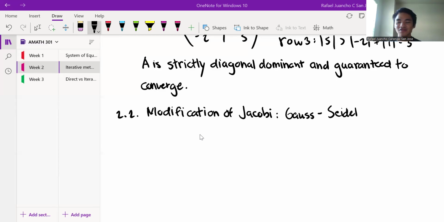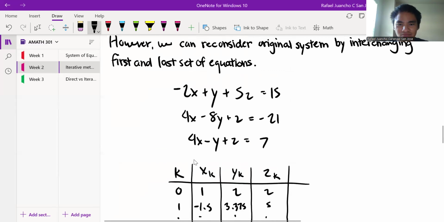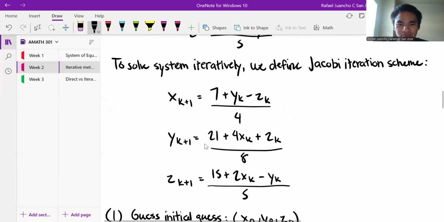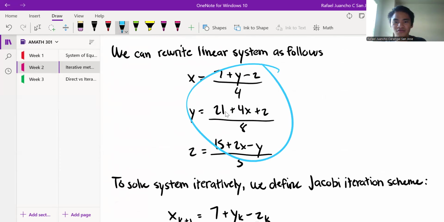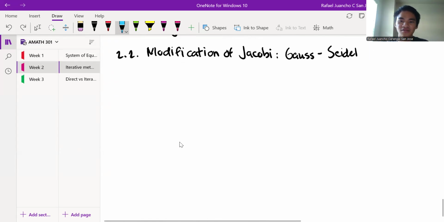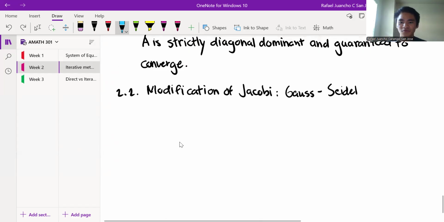So if you were to take our linear system that we did before, where was it? This one? Oh no, not that one. This one, right? If we take that, and if we use our Gauss-Seidel method, we'll basically get the same thing, but much faster.